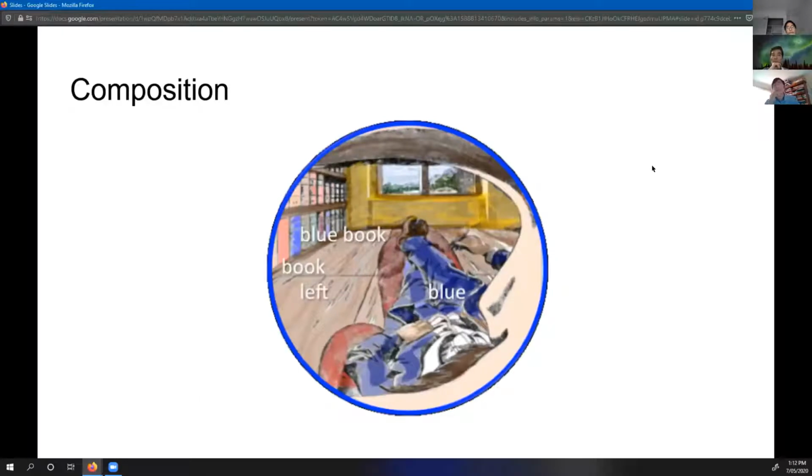The next core idea is composition, and this is the idea of how things compose together to form a higher level experience. So for example, you might have an experience of blue, and you might have an experience of a book, and in order to have an experience of a blue book, the concepts of blue and book have to compose together in order to form this higher order blue book experience.